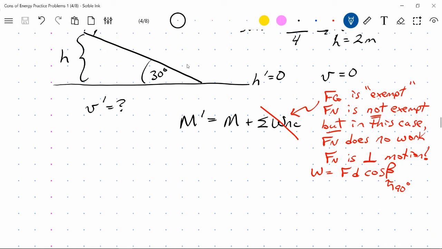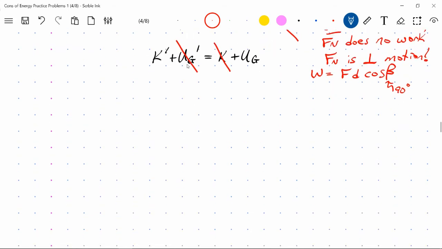Okay, so to continue along here, the kinetic energy that you end with plus the potential energy you end with is equal to the kinetic energy that you started with plus the gravitational potential energy that you started with. Striking out the things that I know to be 0, we end up at the bottom of the ramp where I'm designating height to be 0. We started from rest.